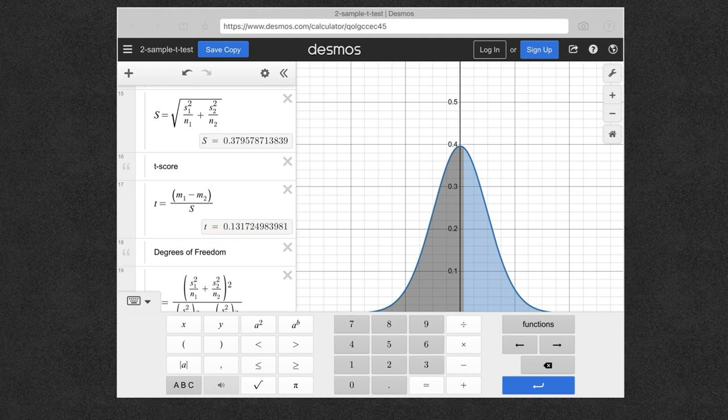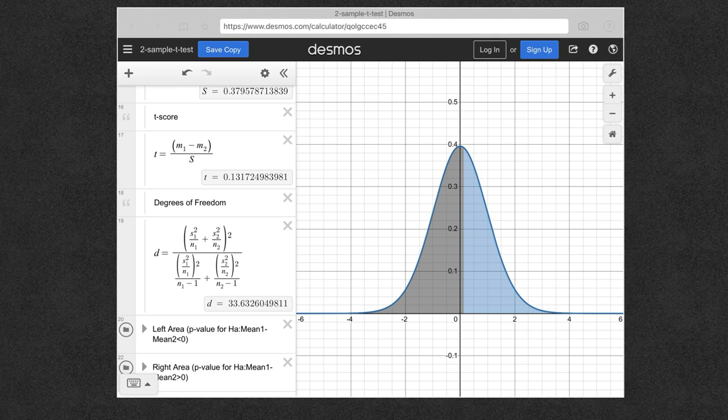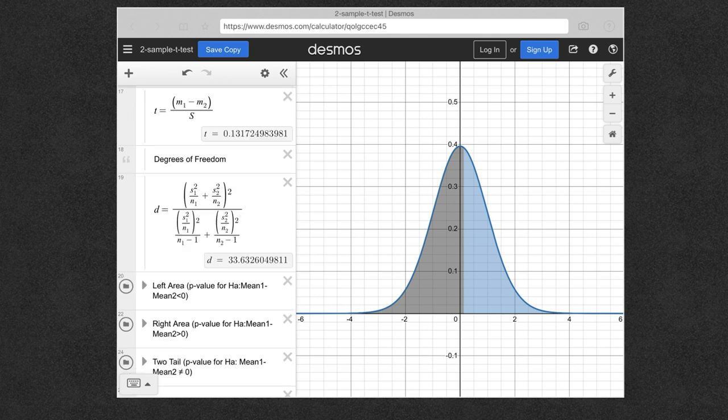For simplicity, we used the degree of freedom to be the lesser of n sub 1 minus 1 and n sub 2 minus 1, but with the calculator, they compute a better degree of freedom. In fact, the degree of freedom should be 33.6, and again, this is way too complicated. That is why we did not use this.